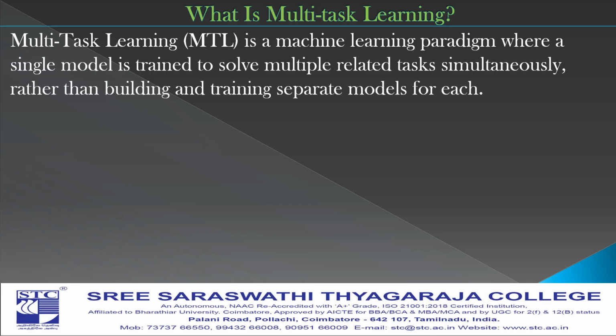It's a machine learning paradigm where a single model is trained to solve multiple related tasks simultaneously rather than building and training separate models for each. The tasks should be as closely related as possible for them to be combined into one unified model, which we call a multitask learning model.